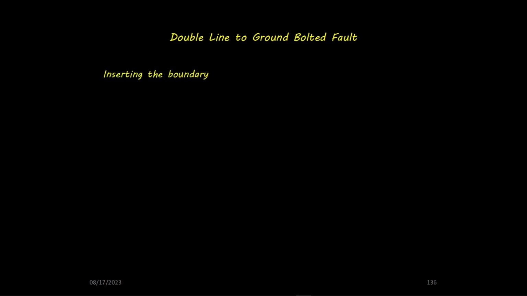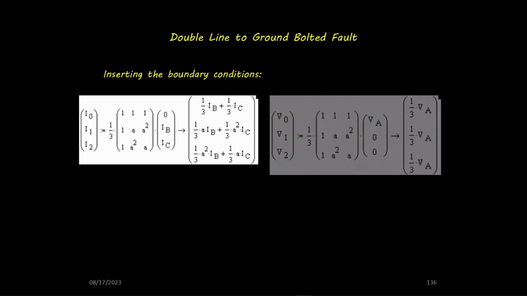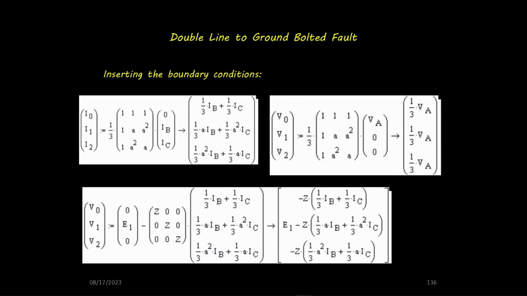Inserting the boundary conditions, we get the following equations. Multiplying gives us I1 equals minus I2. V1 equals V2. V1 equals E1 minus Z1 times I1. And V2 equals minus Z2 times I2.